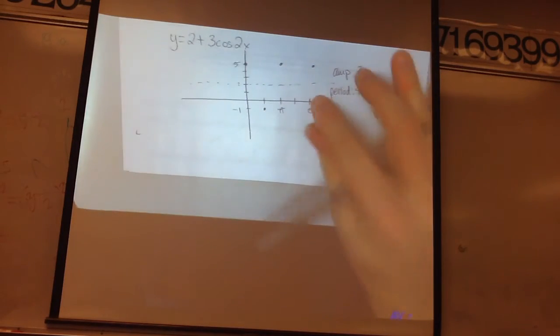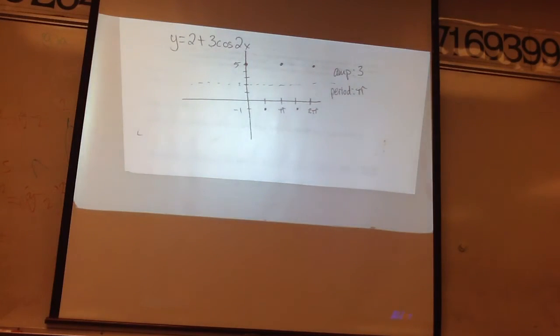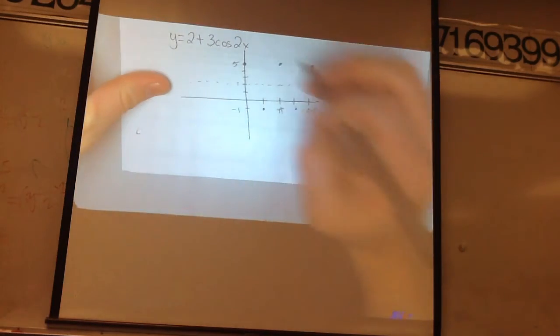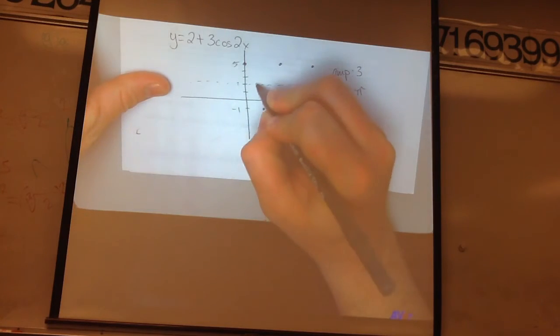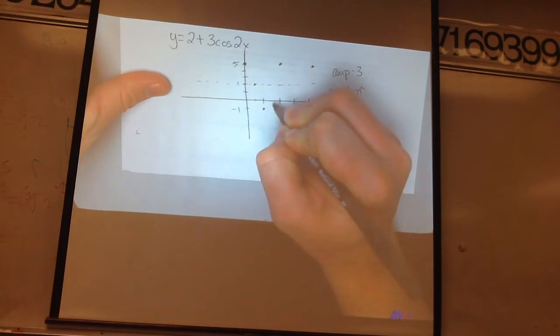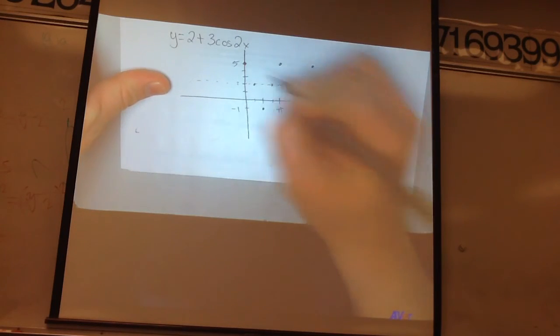Just using tricks now. X-intercepts are a pain here, I'm not even going to worry about it. They'll be weird numbers, they just exist. Let's get points along this line. They'll be in between, like pi over 4s. That's where it'll hit the center line.